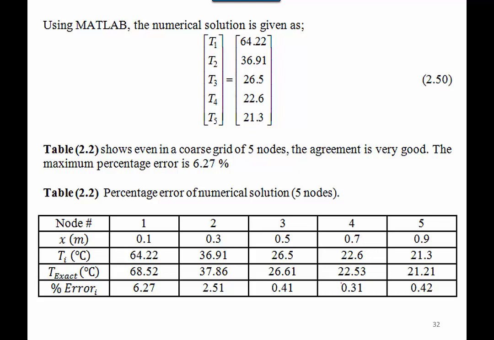If we compare this solution with the analytical solution given in our example, it leads to a table that represents the validation of our numerical solution, and as we see here, we have a maximum error at node number 1, which is around 6.27%. There is good agreement between this solution and the analytical one.